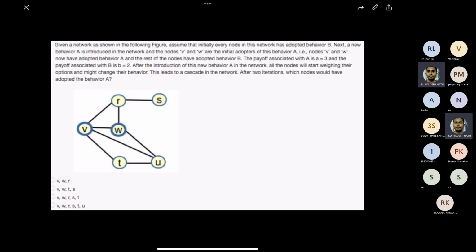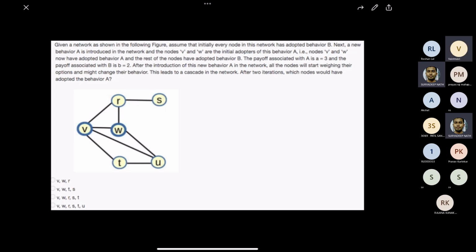After the introduction of this new behavior in the network, all the nodes will start weighing their options and might change their behavior, which leads to a cascade in the network. After 2 iterations, which nodes would have adopted the behavior A? So payoff of A is 3 and B is 2.